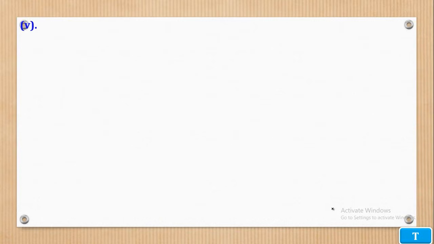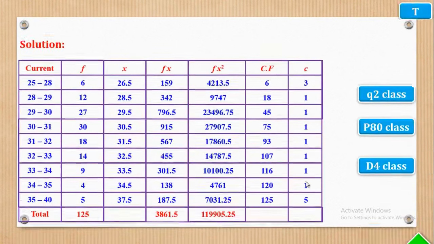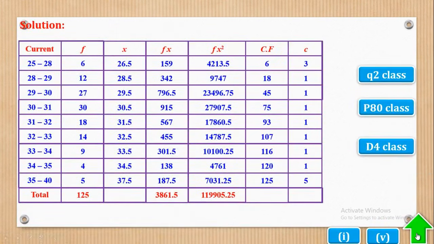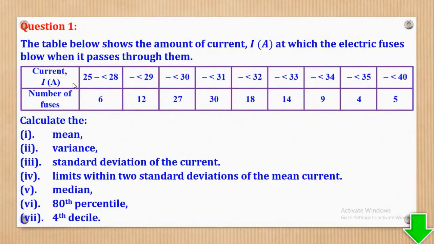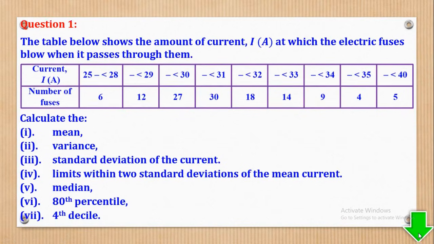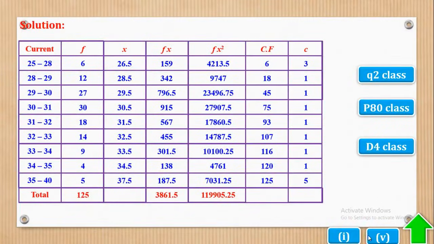Then Roman 5. So for Roman 5, they said calculate the median. So for the median, the first thing to do is to get the median class. So let's first get the median class.